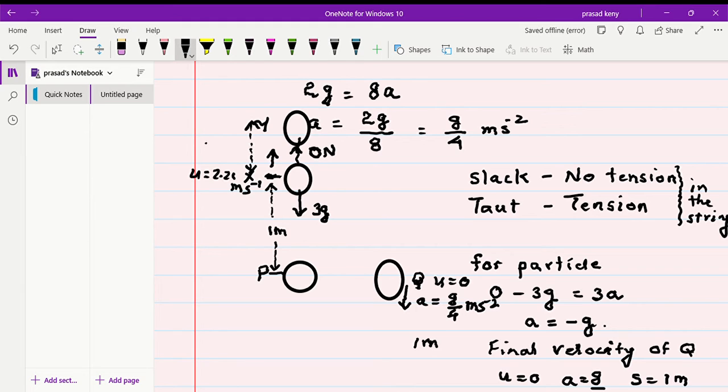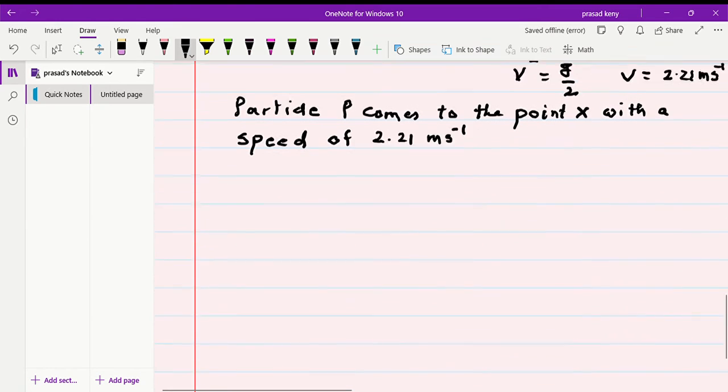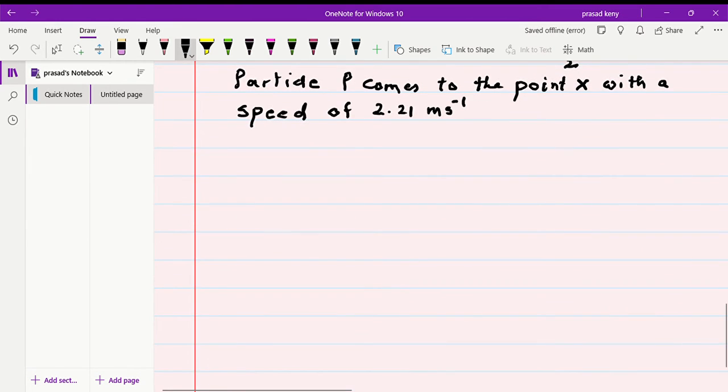That means after point x, the acceleration of the particle will be negative g, that is negative 9.8 meter per second square. So let us see this journey of particle p from x to y.